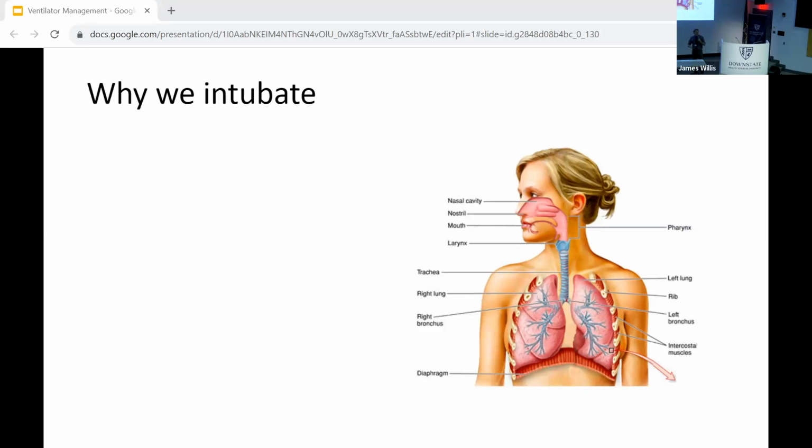So why do patients require mechanical ventilation? It's because they're intubated. So then it goes back to the question of why we intubate patients. And this is the same exact slide from the lecture on airway management. So why do we intubate patients? Because they have an airway issue. So something's going on with the airway itself. Epiglottitis, dynamic airway obstruction, that rare acute anaphylaxis with airway obstruction, severe angioedema, anything that's going on with the airway.